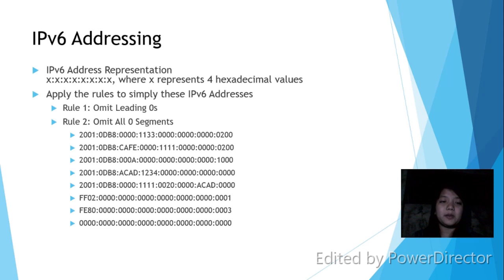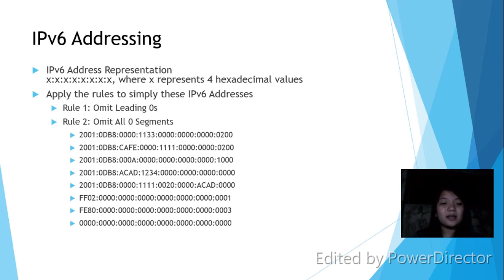Then IPv6 addressing, IPv6 address representation. It is x:x:x:x:x:x:x:x, where x represents 4 hexadecimal values. Apply the rules to simplify these IPv6 addresses. Rule number 1: omit leading zeros.